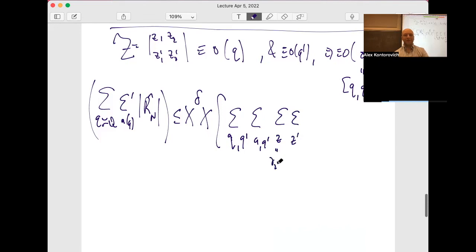Z is gamma 2 V and Z prime is gamma 2 prime V. And then this indicator function that their determinant Z is congruent to 0 mod the LCM.